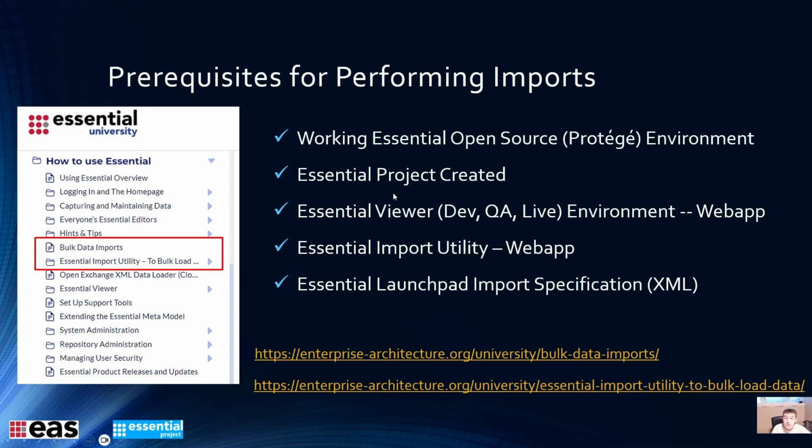Secondly, you need to create our Essential project. I don't have that on hand now, so I will create our project. We call it the BIAN project, BIAN. I will use that to demo, and through that empty project we can show how to load data. The first batch of data will be our business capability.